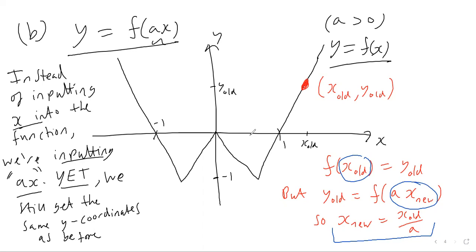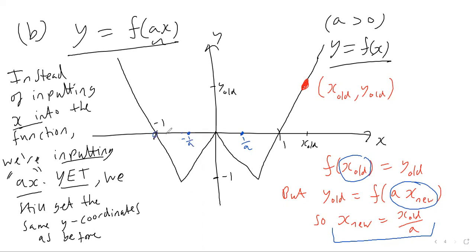So what does that mean? For argument's sake, let's say that a is about 2. That means the old x coordinates are being squished in by a factor of 1 over a, since we're dividing by a. Let's say that this is 1 over a there, and this is minus 1 over a there.